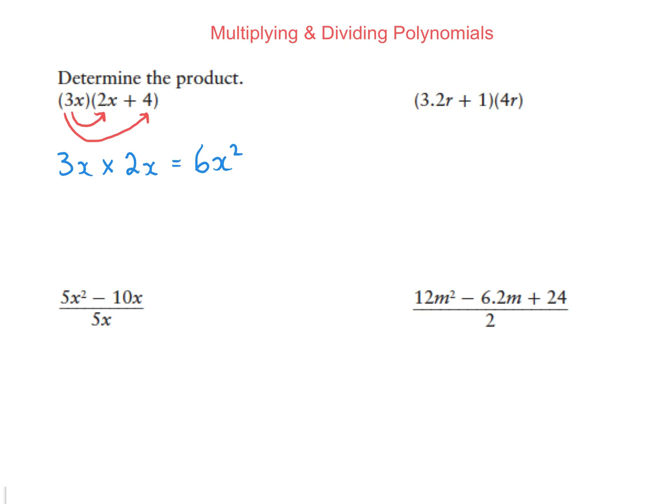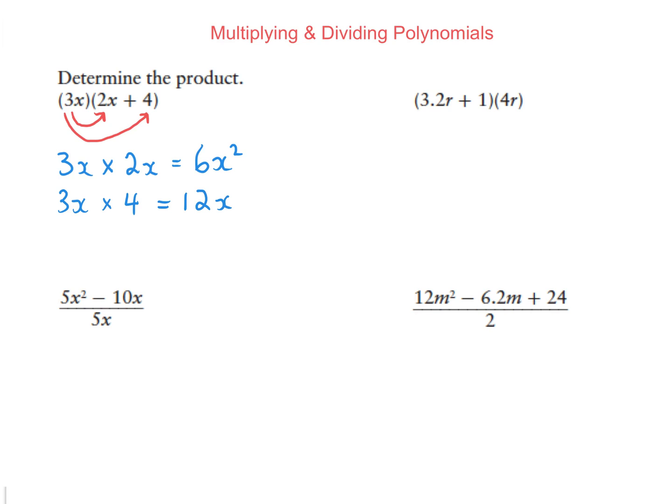And then I have 3x times 4. We multiply the numbers and add the exponents if necessary. In this case there isn't. So it's just 3 times 4 is 12, and then there's an x hanging out.